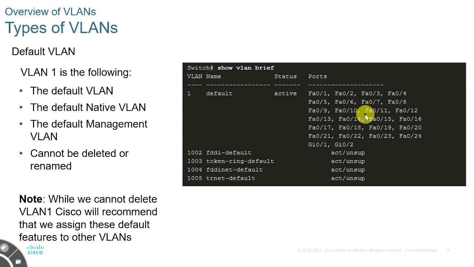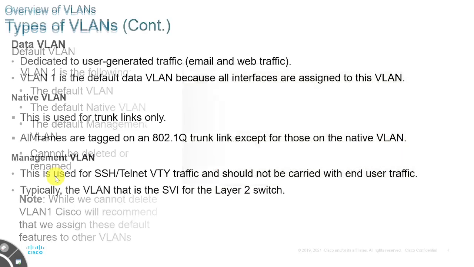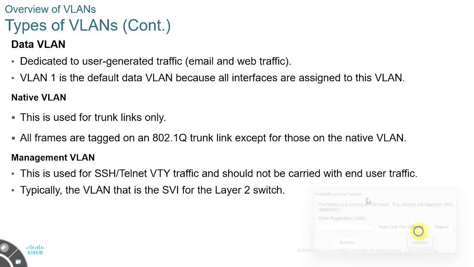Here, these switches, for example. So VLAN 1 is the following: the default VLAN, the default native VLAN, the default management VLAN, and they can't be deleted or renamed. So three different types: data VLAN, native VLAN, and management VLAN.